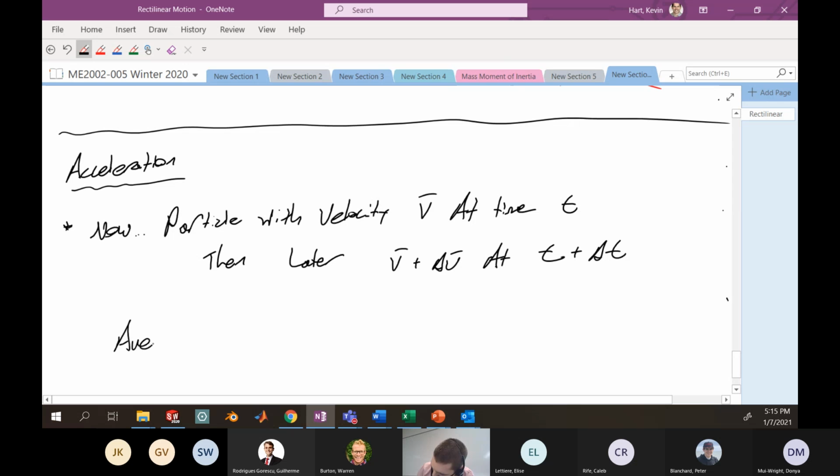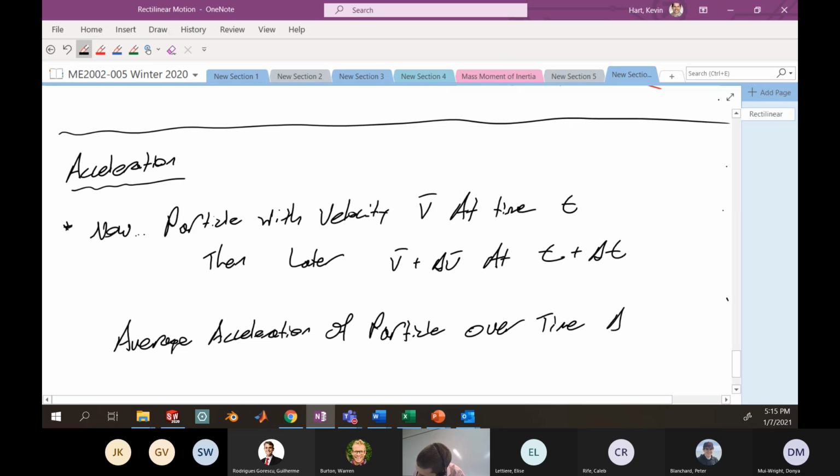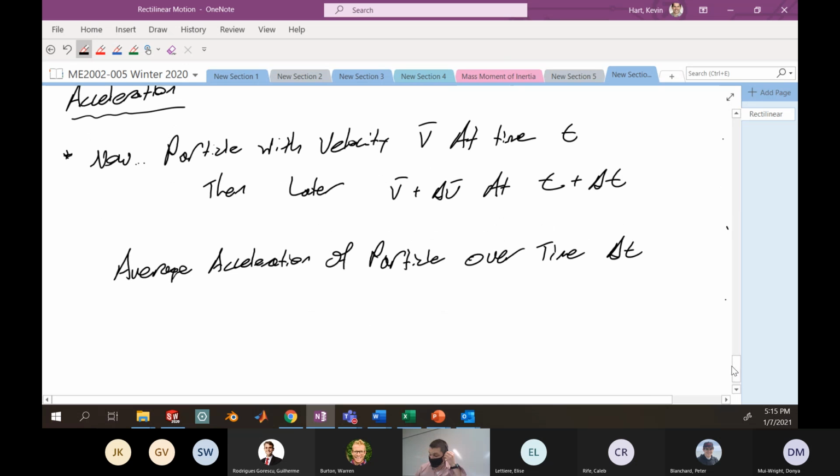The average acceleration of the particle over time delta t is whatever that change in velocity was, normalized by that time change.